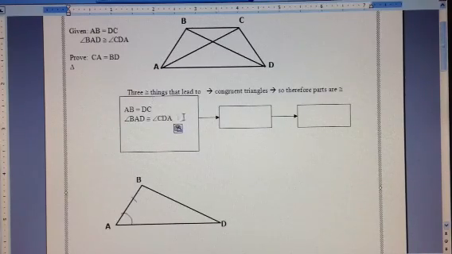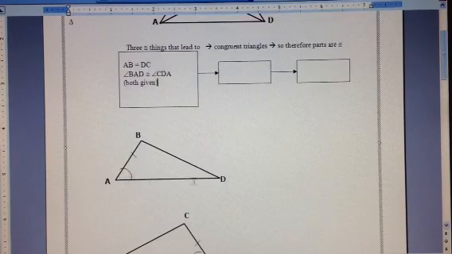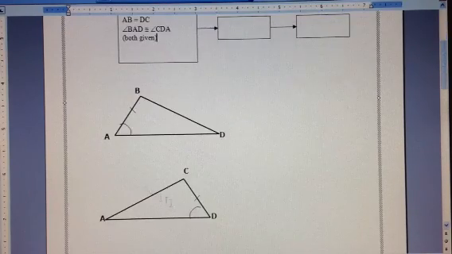And both of those, of course, are given. So I can write underneath here, given. And then the last thing I can write is that AD is the same length as DA.